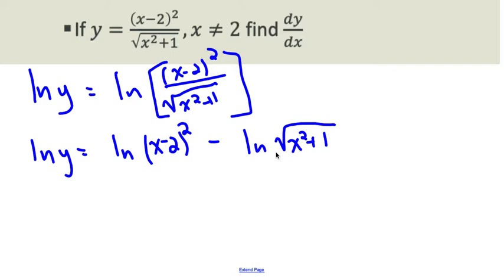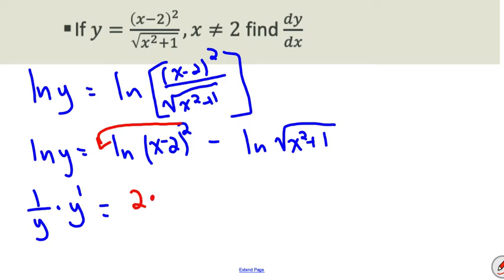So the derivative of ln y is 1 over y times y prime, equals, and I'm going to do two things in this step. First of all, I'm going to bring the exponent down out front. I'm not going to do it in two separate steps because that's a waste of time. So I have a 2 times the derivative of ln(x minus 2), which is just 1 over x minus 2.